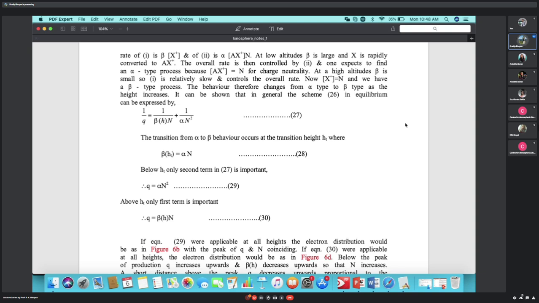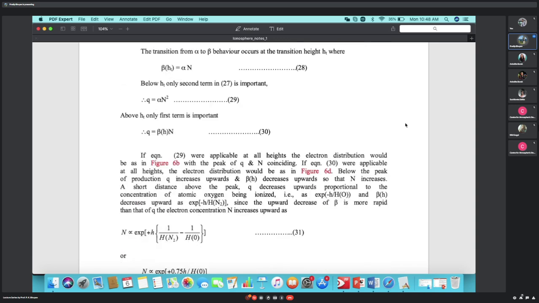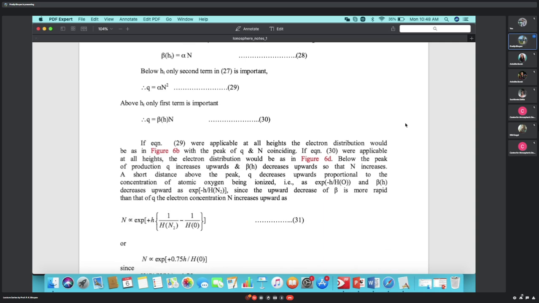So the two processes are different. Also we have discussed that in the lower atmosphere, beta is very fast. So attachment takes place quickly, and then the recombination reactions take over.